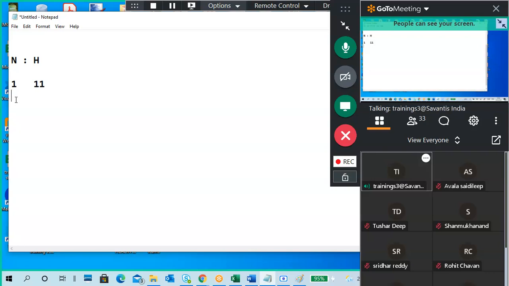Okay, so this is network 1, host is 11. Network 1, sorry, host is 12. Network 1, host is 3. As per this condition, can they communicate with each other or not? Yes, sir, can communicate. For example, the network is changed, but the host number is the same or different.